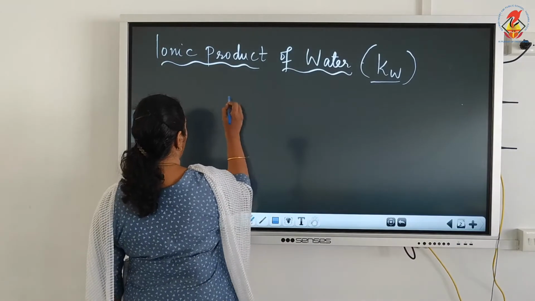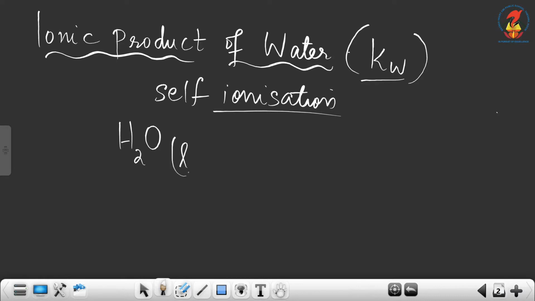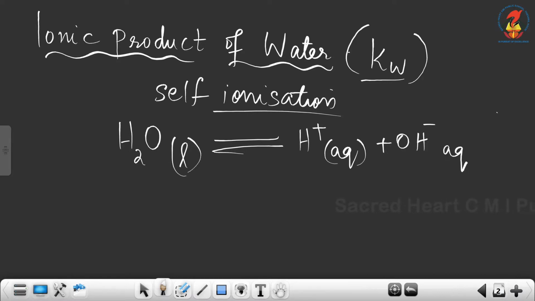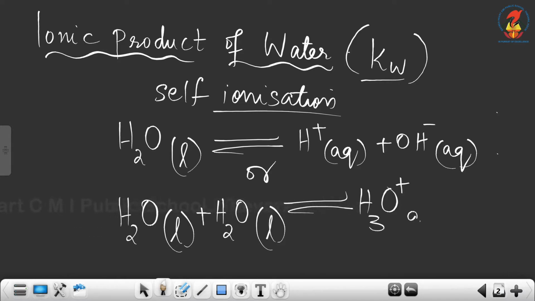So, the expression for self-ionization of water is H2O liquid ionized to give H plus and OH minus, or we can also write it as H2O liquid plus H2O liquid will give H3O plus aqueous plus OH minus aqueous.